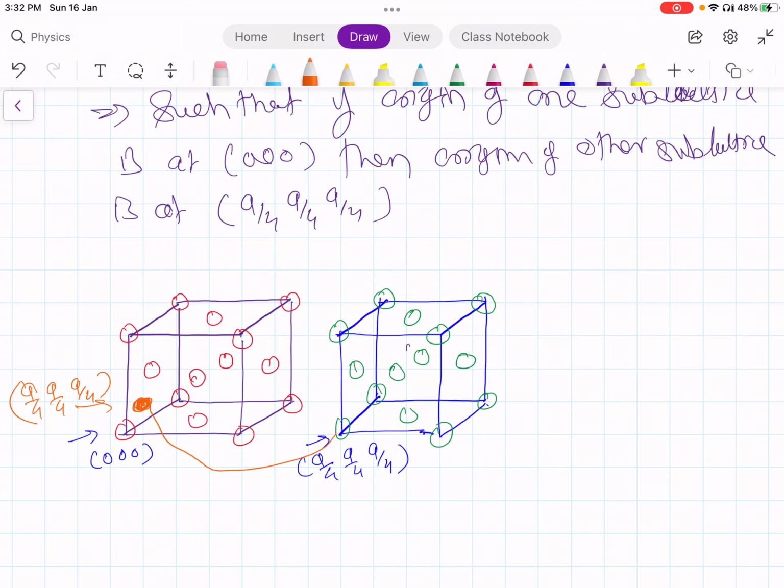Because of this kind of interpenetration, only 4 atoms of the second unit cell come inside this unit cell, and the others go out of the unit cell. That forms a unit cell of diamond.